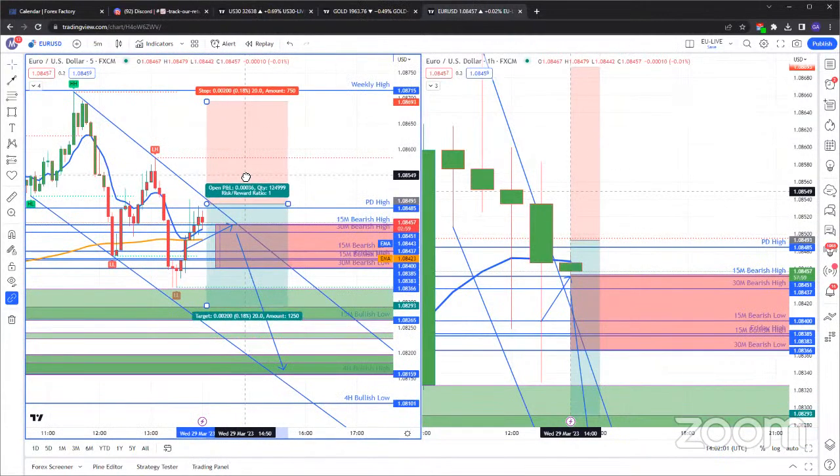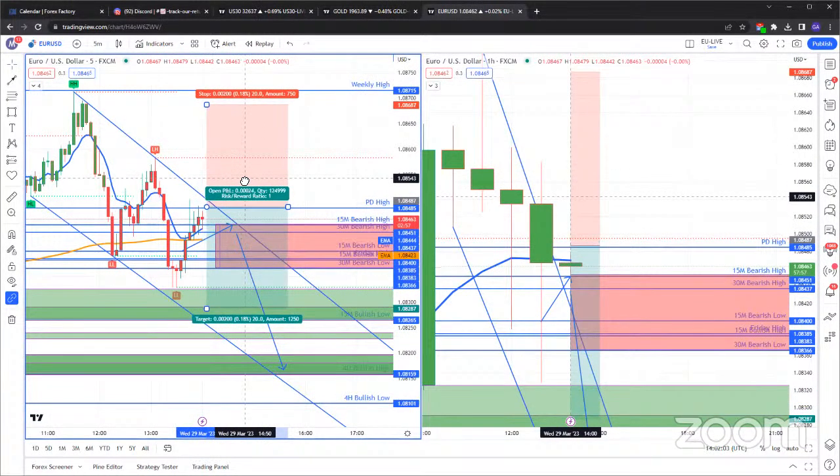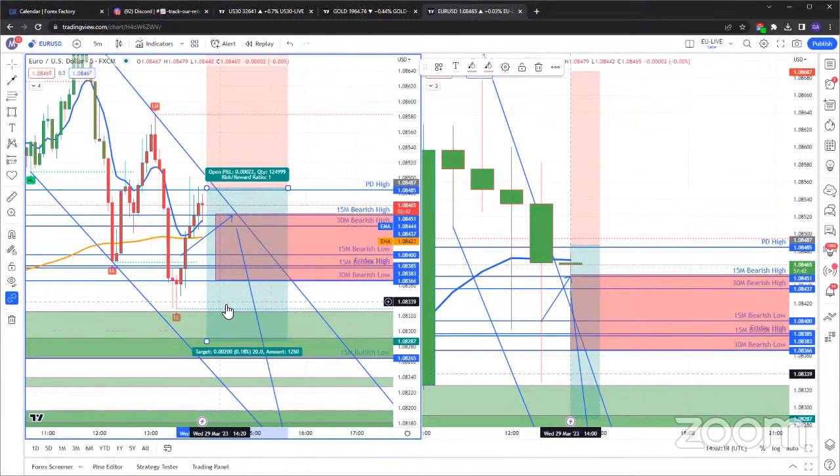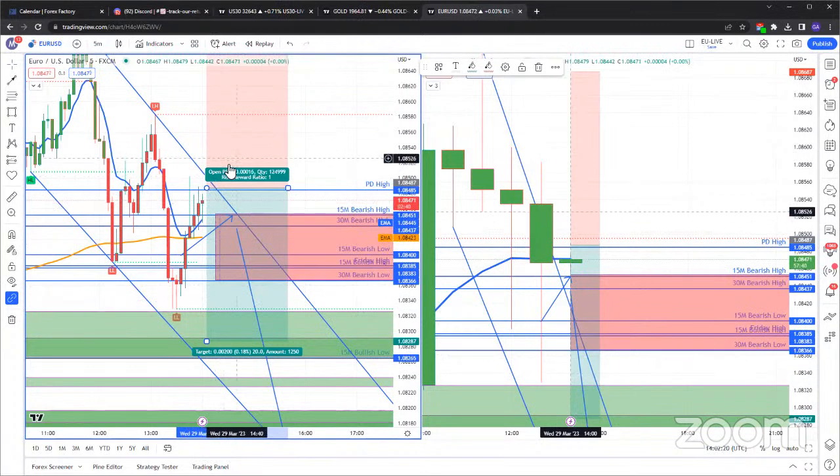But I am waiting for it somewhere around the previous daily high. So this is Tuesday's high. Remember, I normally start marking the PD high on Wednesday. On Tuesday, I normally just have the Monday high and Monday low, because I do not delete the Monday high and Monday low. And we definitely have a trend line here also that's holding price up.